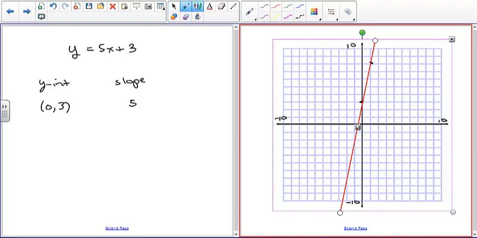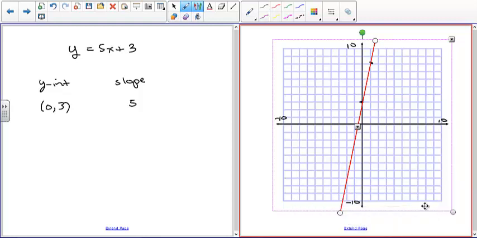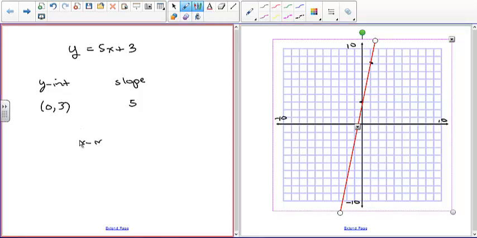So you can see that the x-intercept is between 0 and -1. Let me show you how that works. To find the x-intercept, you set y equal to 0.